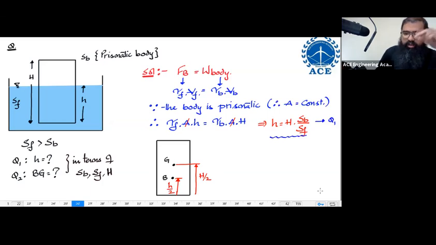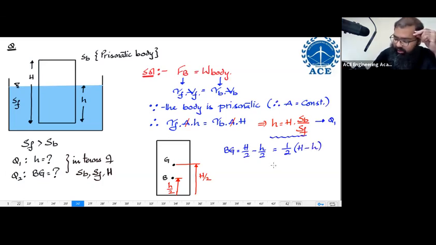This implies that the value of BG has to be equal to capital H by 2 minus small h by 2, or let us say it is equal to half of capital H minus small h. I can write it as half of capital H minus, in place of small h, I can put in this value, that is capital H into SB upon SF.